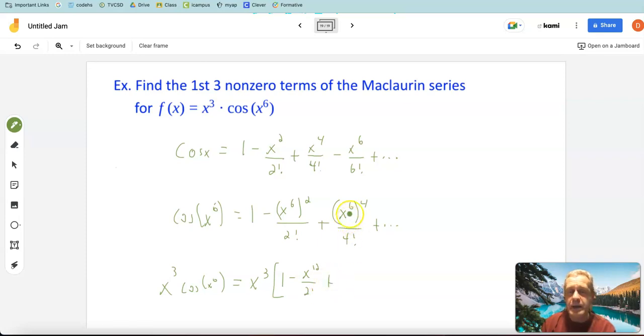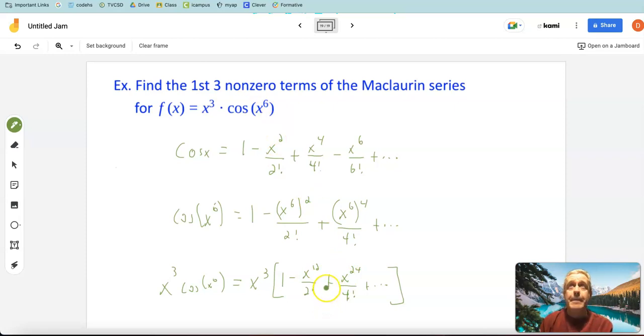And then in the same manner, x to the sixth to the fourth is x to the 24th over 4 factorial. And voila, here is essentially our Maclaurin series for this function x to the third times cosine of x to the sixth.